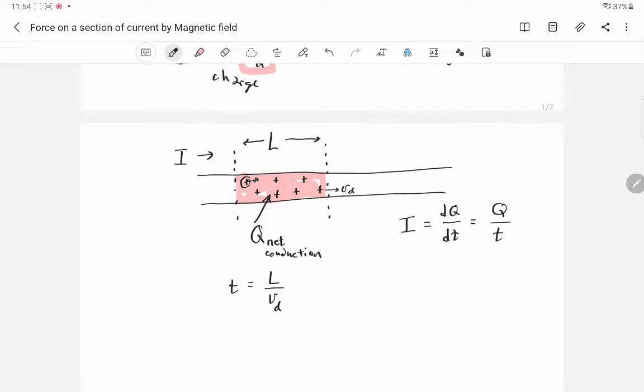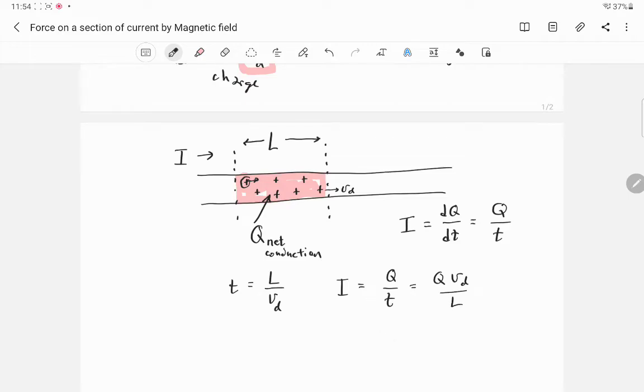That's how much time I have to wait before this last charge comes and makes it past this dashed line, right? So let's go and put this up in the current. So the current is Q over T, right? I wrote it here. And the amount of time I have to wait for all those 7 charges to be counted, is L over VD. So if I divide by T, that's Q VD over L, right?